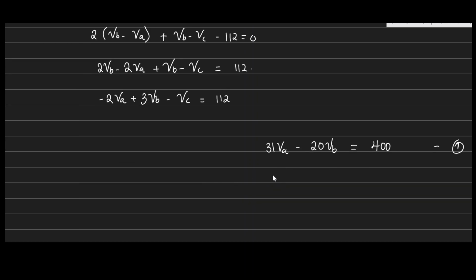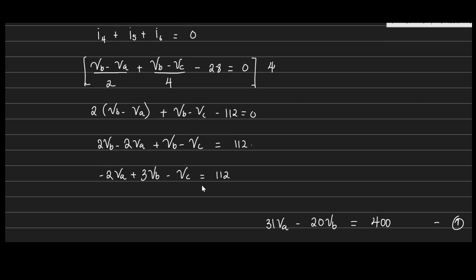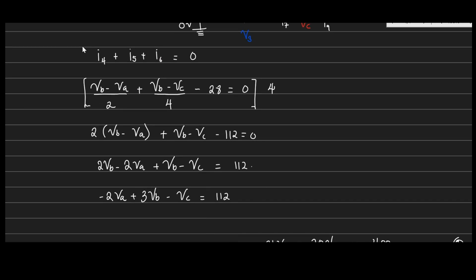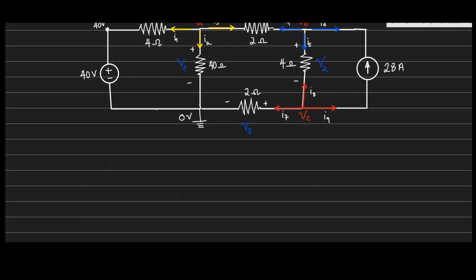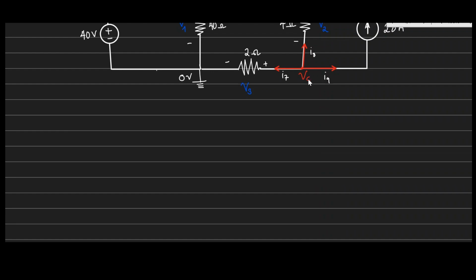So our second equation is negative 2VA plus 3VB minus VC is equal to 112. Okay, let us write the last equation at the last node. So you see that you have I7 plus I8 plus I9 equal to 0.